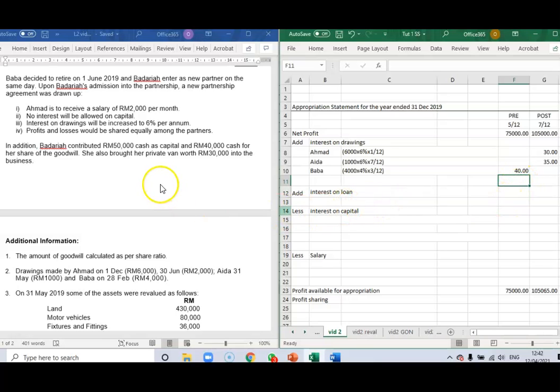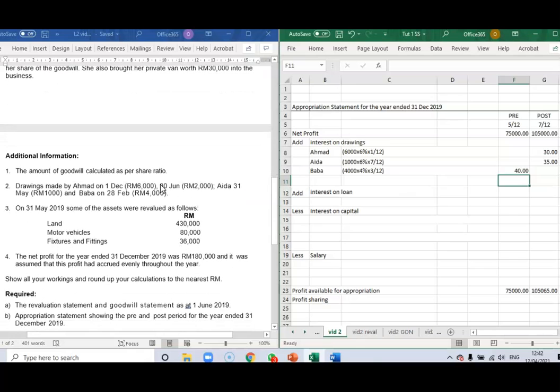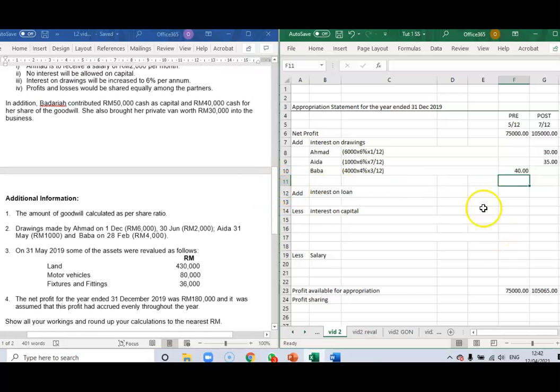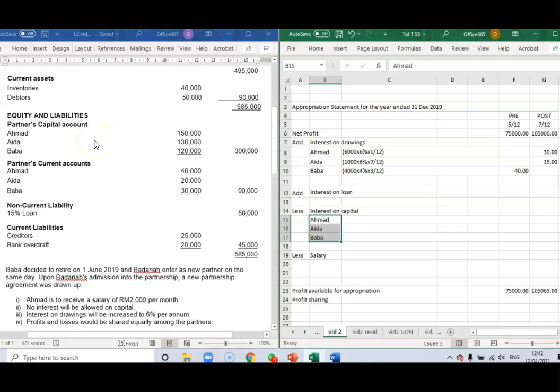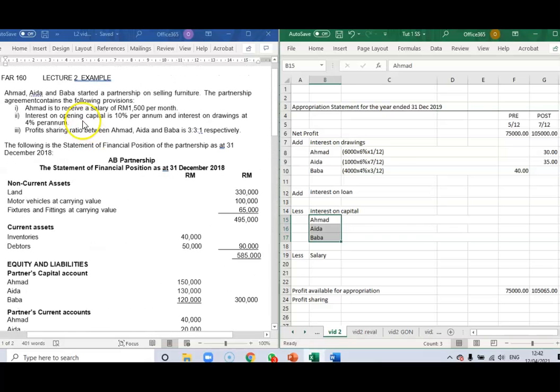Okay, interest on loan, I didn't see any, so just leave it blank. So interest on capital, let's say interest on capital for Ahmad. Okay, the old agreement, interest on opening capital is 10%.